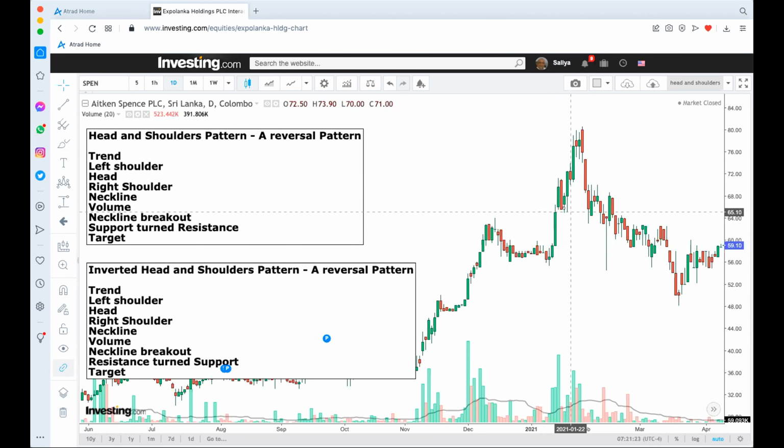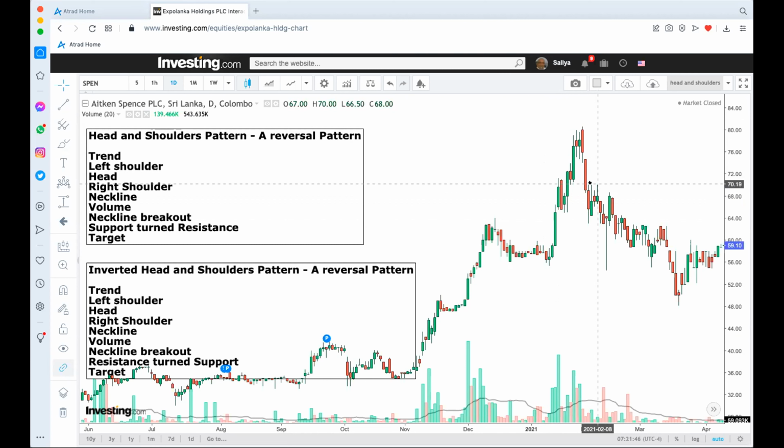Comes down, then pauses here, the pullback, makes another swing low and reverses up to this level. Then makes a swing high there. Then it comes down, makes a swing low here. And then you can see that there's a swing high here. Then it comes down, completing the head and shoulder formation.